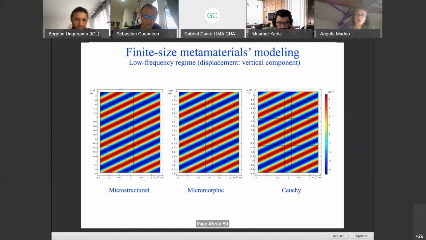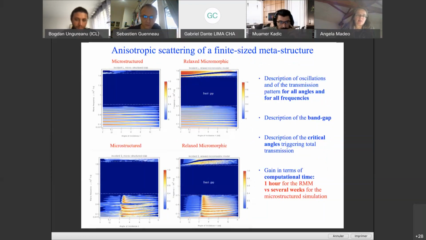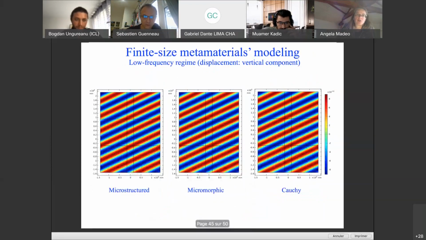Okay, so what we are doing now, we still didn't publish the results, but I show quickly the thing. If we now take a true finite size metamaterial, so not infinite, what happens if we send a plane wave with an angle from the top left? Here you have microstructured, micromorphic, and Cauchy.